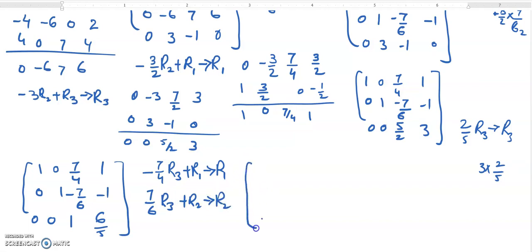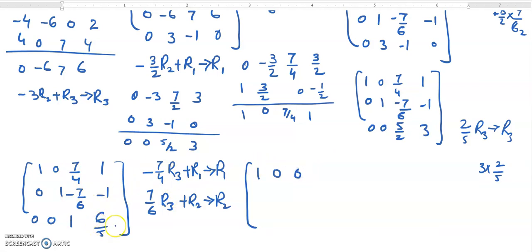Okay, so in this case, as these two values were 0, we can safely say that these two values will not change, because 7 by 4 times 0, and then it will be added, so this will remain 1 by 2 and 0, and then this will become 0 because we are multiplying by 7 by 4. And how about this one?